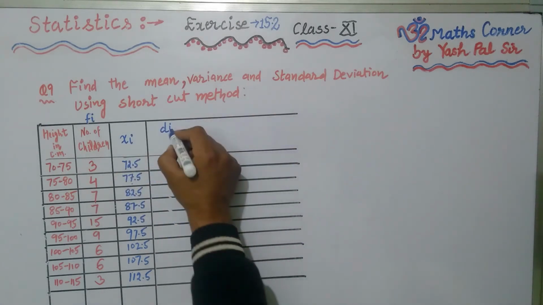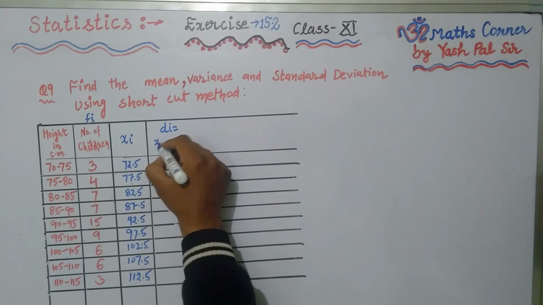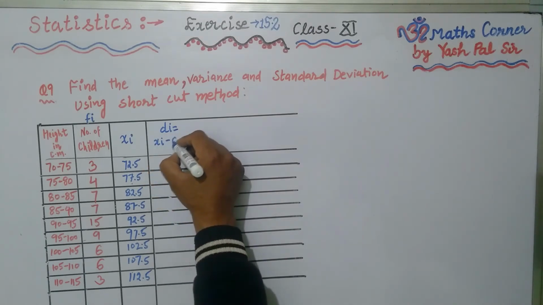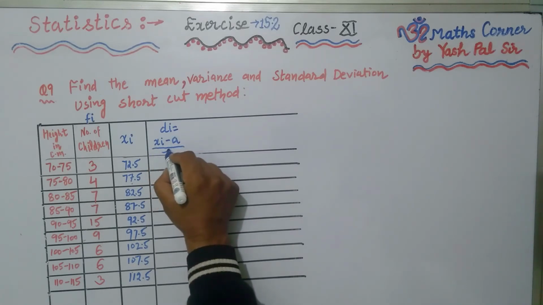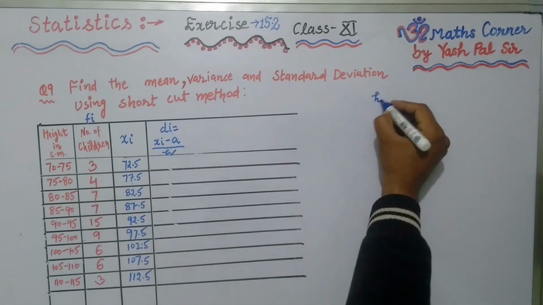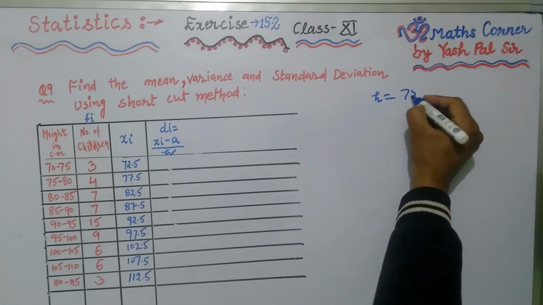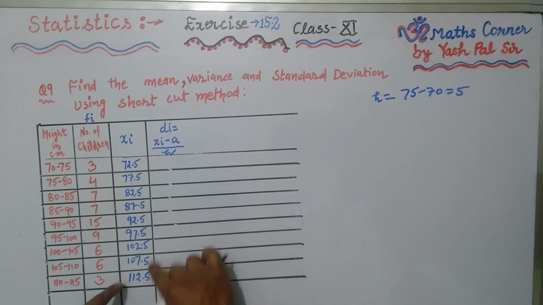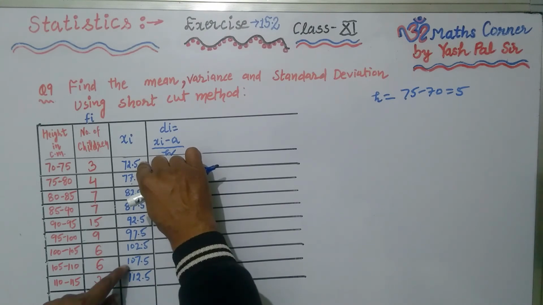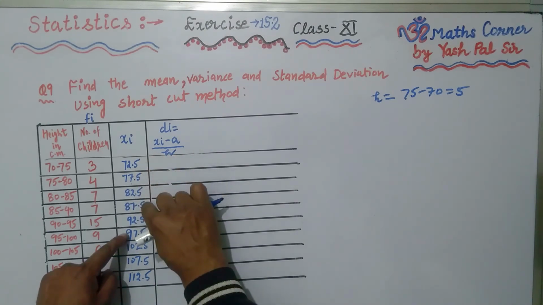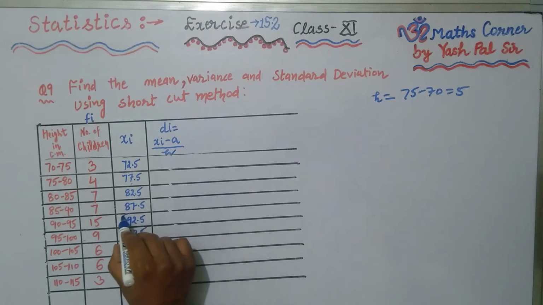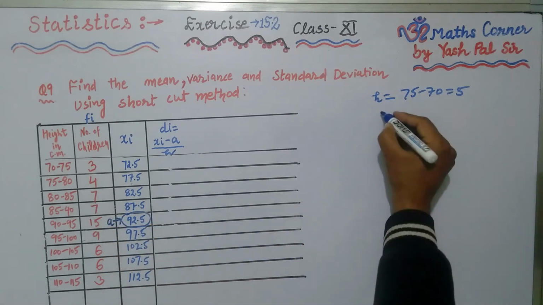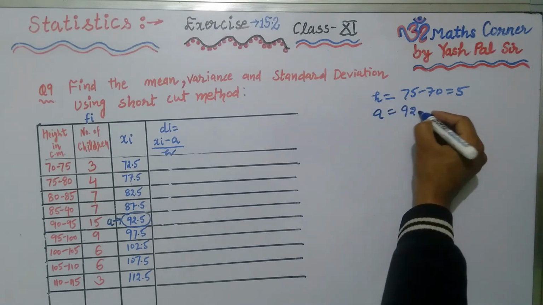Shortcut method: di is equal to xi minus assumed mean, divided by h. Here the value of h is 75 minus 70, which is equal to 5. Assumed mean is in the middle; we count 1, 2, 3, 4, fifth. This is the assumed mean, a, which is equal to 92.5.